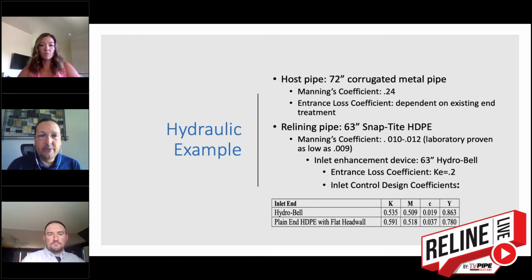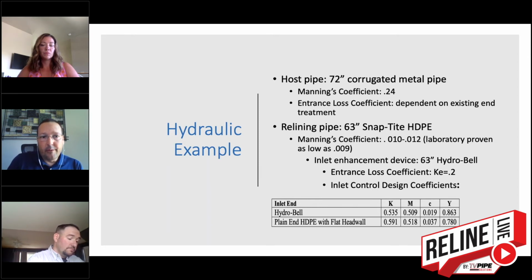It's designed to optimize the way the water gets in. We have a flat face panel to it that could be mounted up against the head wall. But what we're trying to do is keep water flowing in from 90 degrees into the pipe and do it with a rounded bell, hence the name.